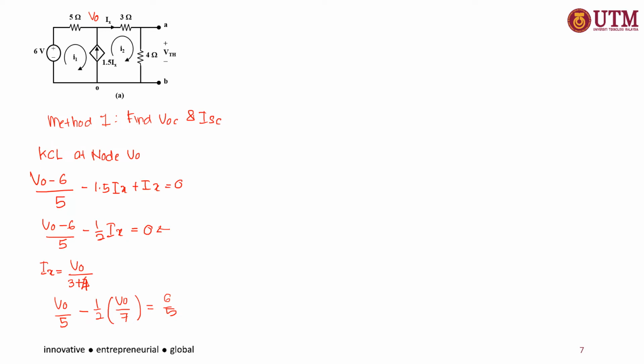You simplify this equation, and you record your V naught is equal to 9.3333 volts. Now we have our V naught equal to 9.3333. Now we want to find this VTH. We can use voltage division.